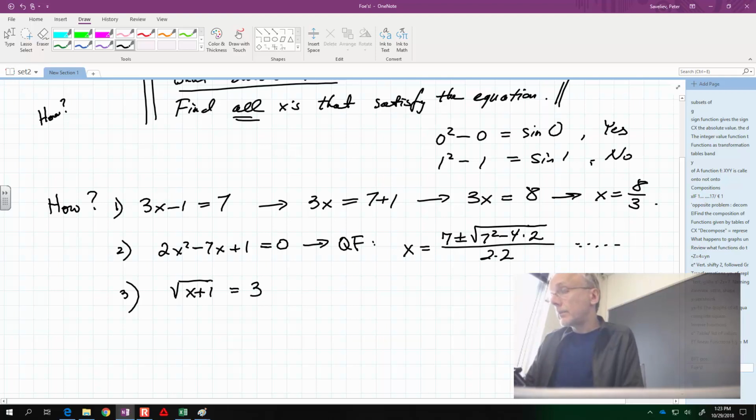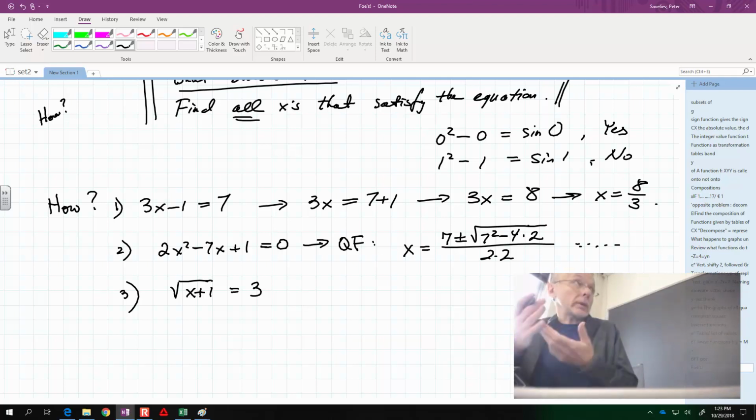So what do you do? It is an equation. What does it mean to solve the equation? Once again, the same story. You need to find x, or x's, which when plugged into the formula will give you the same number on the left as on the right. Okay, so that's what you have to have at the end.